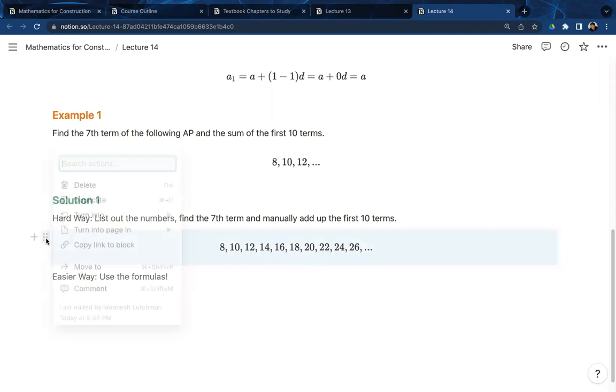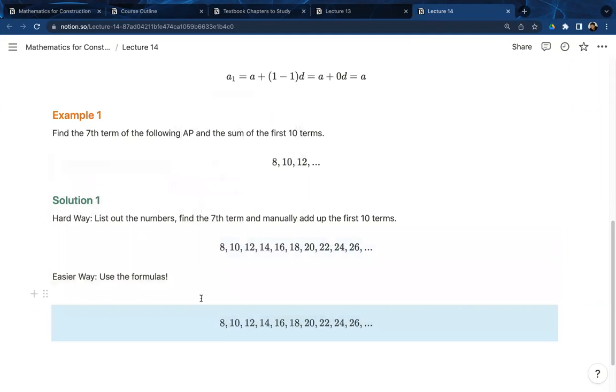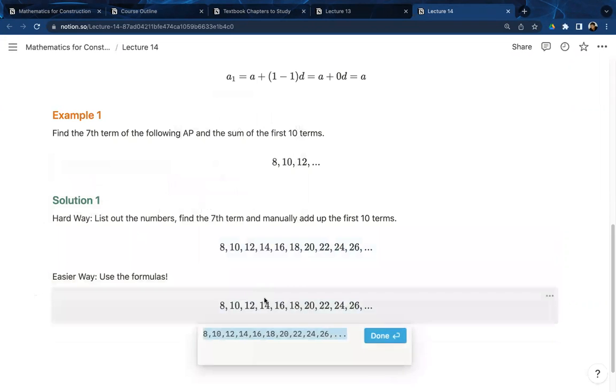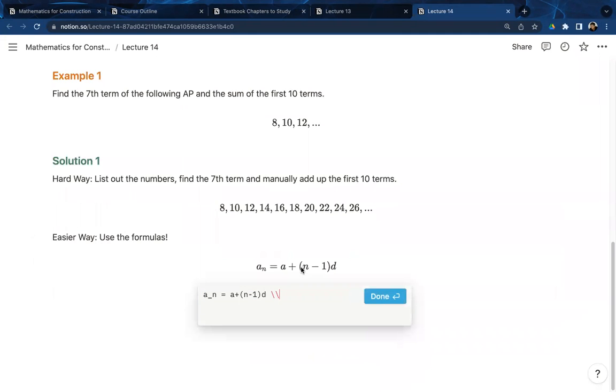So what are the formulas? We could just recall the formulas. Here a is equal to 8 and d is equal to 2.